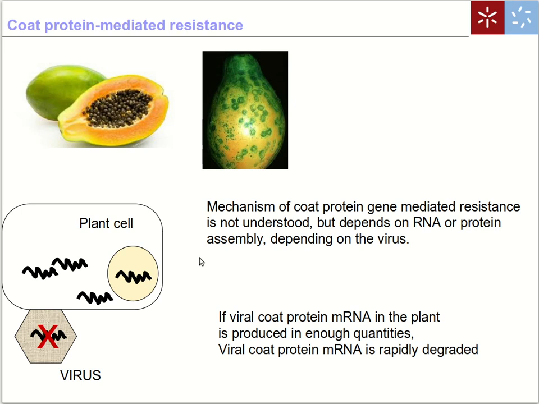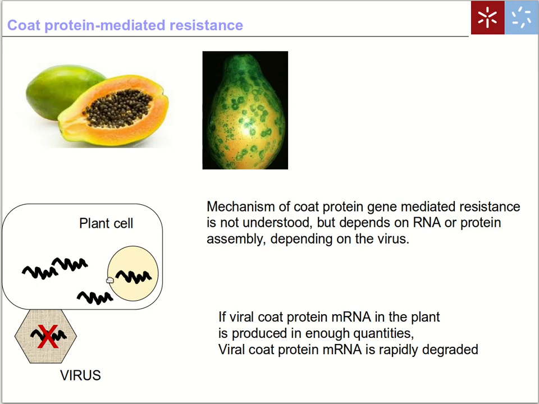Several different mechanisms have been identified, and the most plausible explanation focuses on the mRNA, that somehow the production of mRNA of the virus is affected by already expressing this protein.